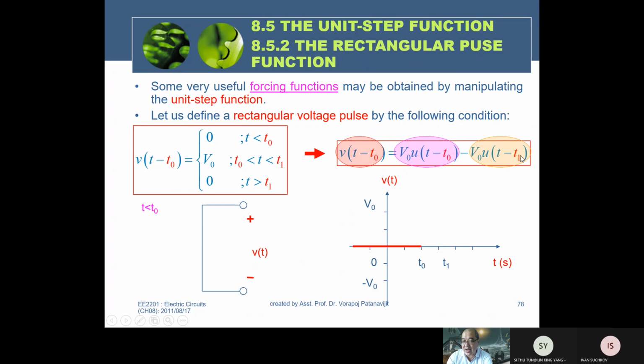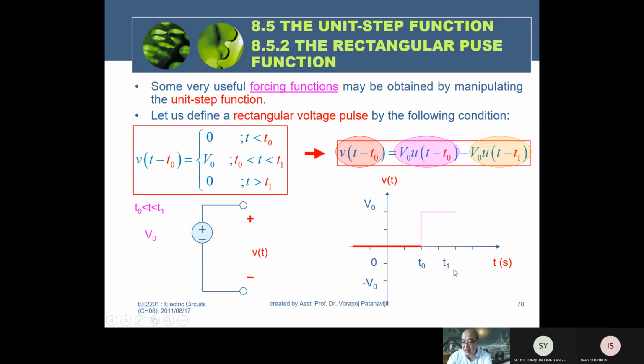Both of them, the pink and the orange, are the same. Now for time between T0 and T1, you can see that only the first source is activated. The pink source is activated, but the orange source is not activated yet. Therefore, when you add them, the output voltage equals V0 during this period.